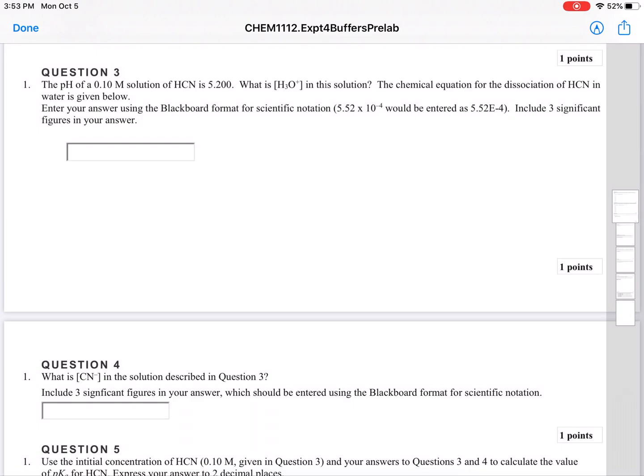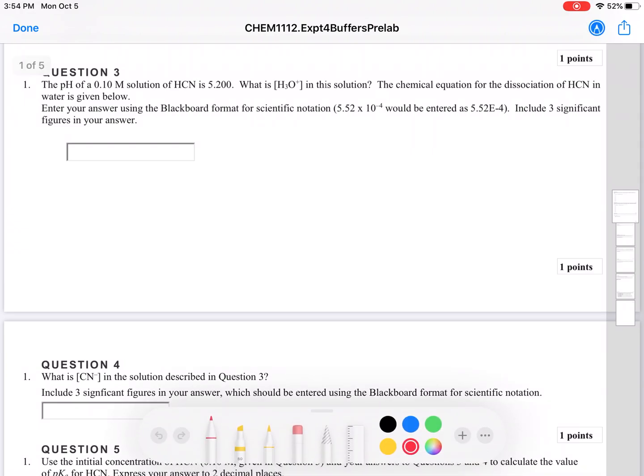Question 3. The pH of a 0.1 molar solution of hydrogen cyanide is 5.2. What is the hydronium ion concentration in this solution? The chemical equation for the dissociation of hydrogen cyanide is given below. It is given in your pre-lab assignment.